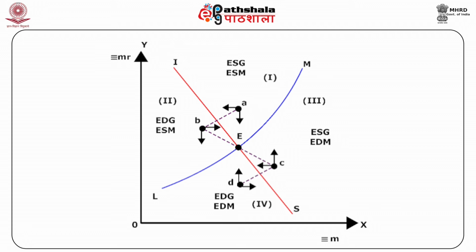One small question arises: how does the economy move from A to B? For this, we will have to remind ourselves about a little bit of what we call vector algebra. In this situation, you would notice that there are two vectors, one which goes to the left, the other which goes downwards.